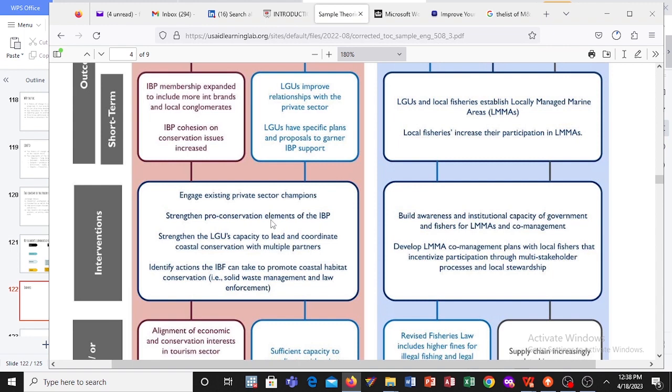Just to mention, you have to be coherent when you're designing this: all these things you're mentioning have to lead to one another and be cohesive with one another. I cannot go into detail on this example, but when you look at it, you can read and understand that this activity and output is actually feeding into this outcome.